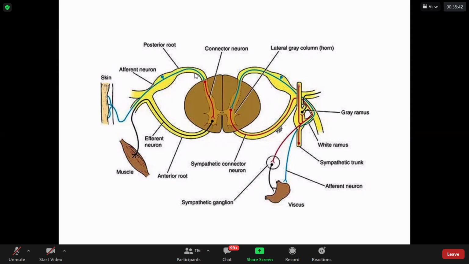Maybe they want to match this one with this one, but that is oversimplification, because there is every chance that you will consider the somatic sensory and autonomic sensory fibers to be the same. It gives that idea, but actually this is never ever the same.